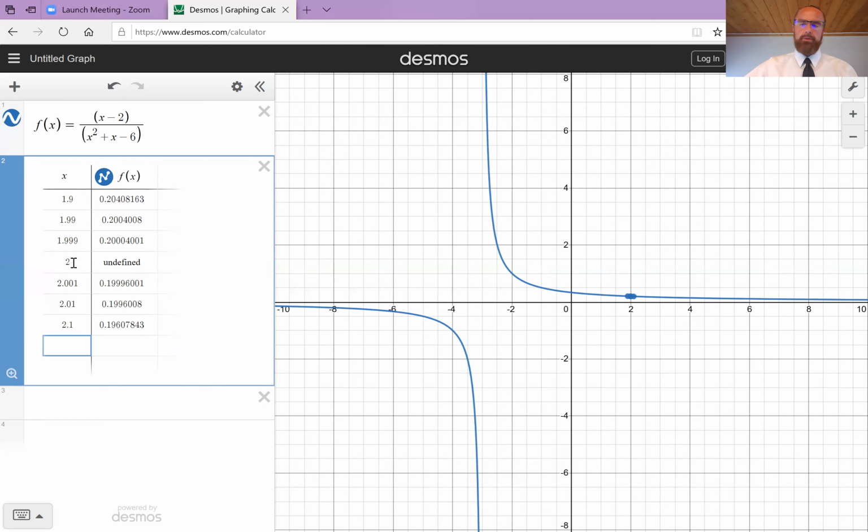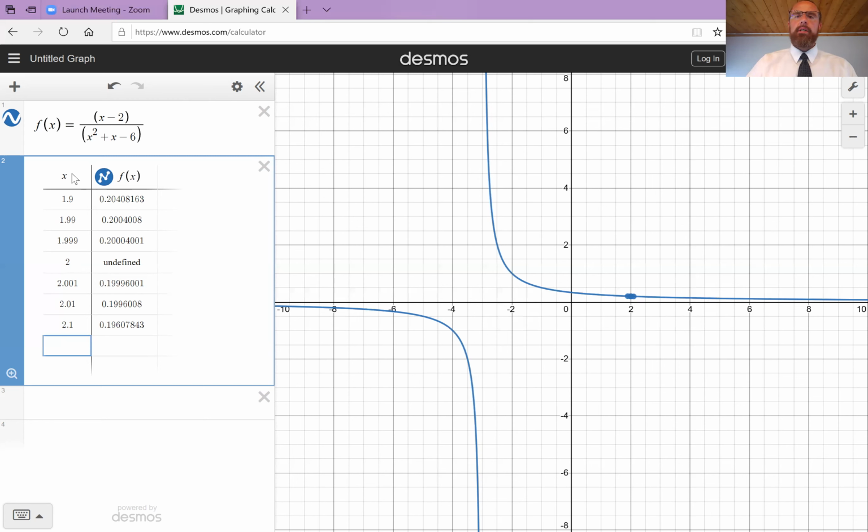At 1.99 is 0.200. 1.999 is 0.20004, but I'm going to stop at the nearest thousandth. 2 we saw was undefined. 2.01 is 0.1999, so I would round up to 0.200. Then 0.199 again, 0.200 if I round, and 0.196.